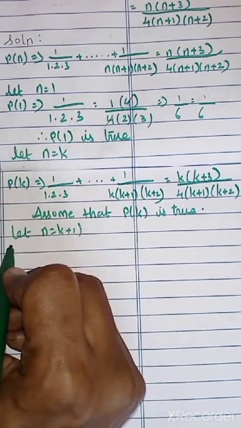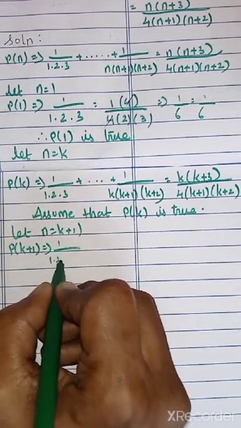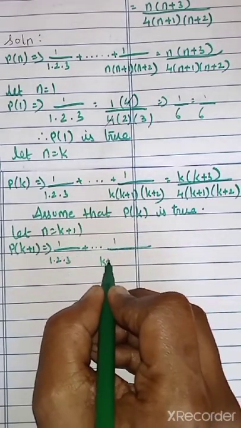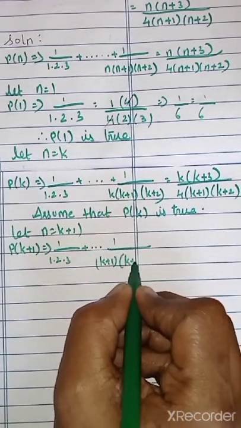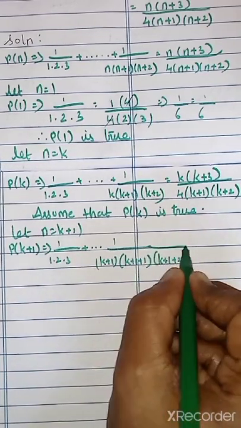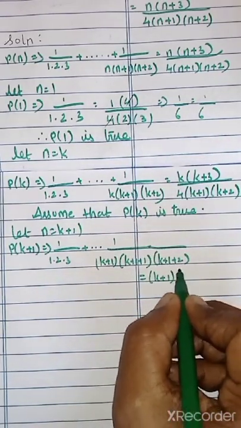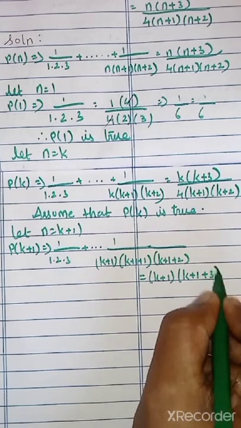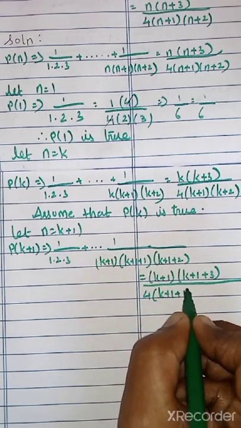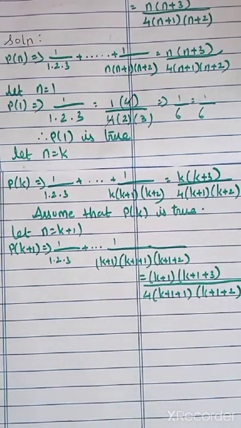So this will become P of k plus 1 implies 1 by 1 dot 2 dot 3 etc. up to 1 by, instead of k we have to put k plus 1, k plus 1 plus 1, k plus 1 plus 2, which is equal to k plus 1, k plus 1 plus 3 whole divided by 4, k plus 1 plus 1, k plus 1 plus 2. Is that okay?